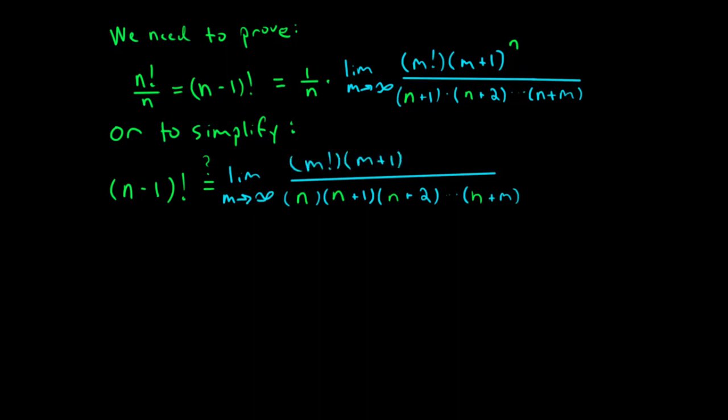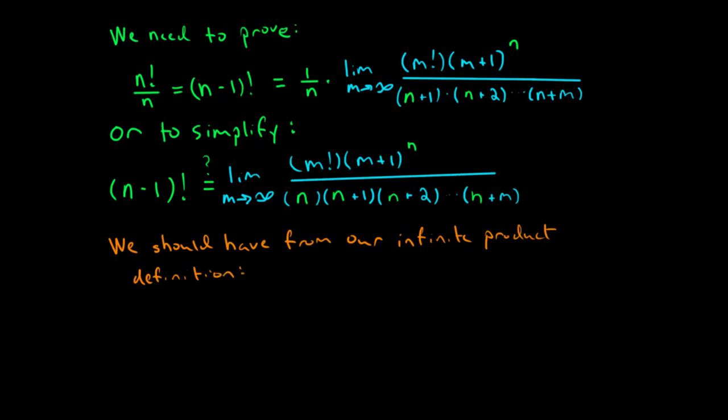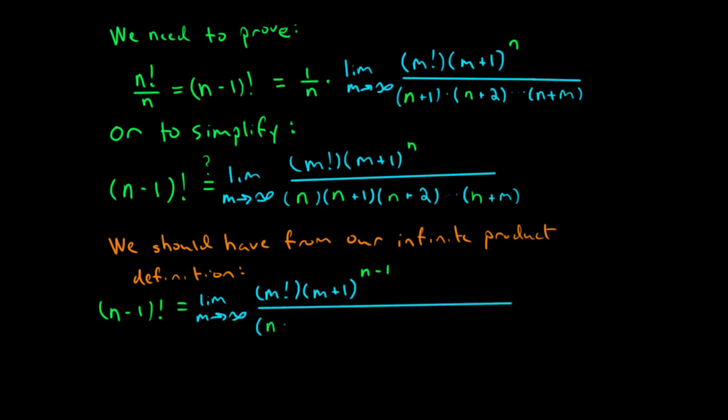And if this infinite product really models the behavior of the factorial function, then we should be able to arrive at that expression through our original definition of the factorial function, plugging in n minus 1 as our exponent. So we should have n minus 1 factorial equals the limit as m approaches infinity of m factorial times m plus 1 to the n minus 1 all over n minus 1 plus 1 times n minus 1 plus 2.